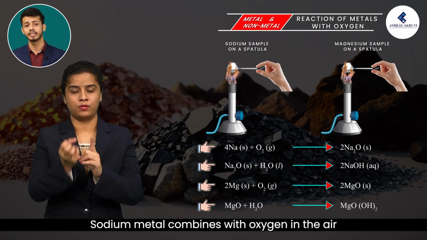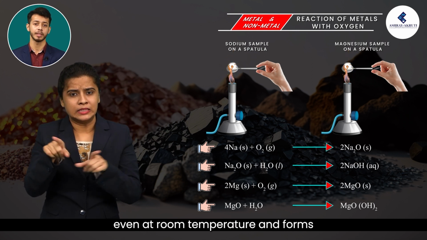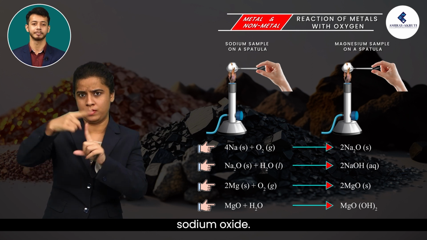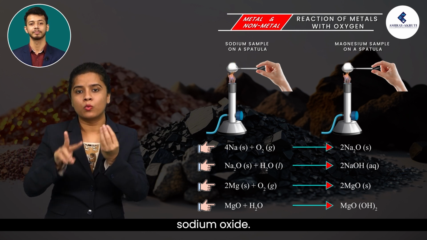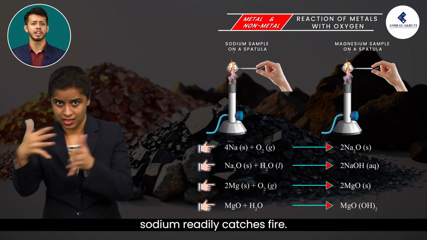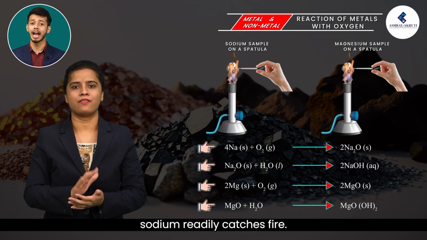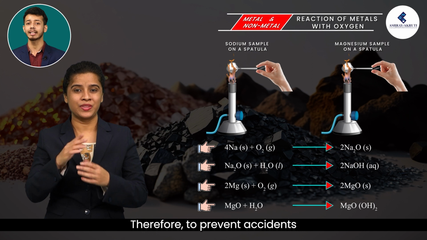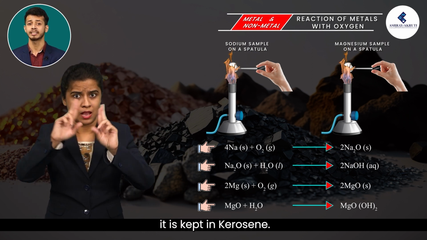Sodium metal combines with oxygen in the air even at room temperature and forms sodium oxide. On exposure to air, sodium readily catches fire. Therefore, to prevent accidents in the laboratory or elsewhere, it is kept in kerosene.